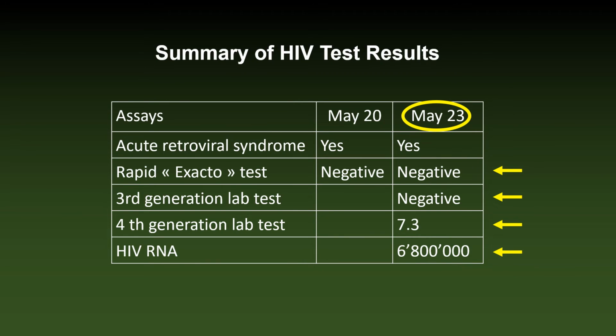This is a logical result because the rapid test and the third-generation test rely on antibodies to HIV. But the acute retroviral syndrome occurs precisely because there are no antibodies yet, which explains the symptoms and the very high viremia. By the way, the package insert for the rapid test very clearly notes that it is not sensitive for the detection of acute retroviral syndrome.